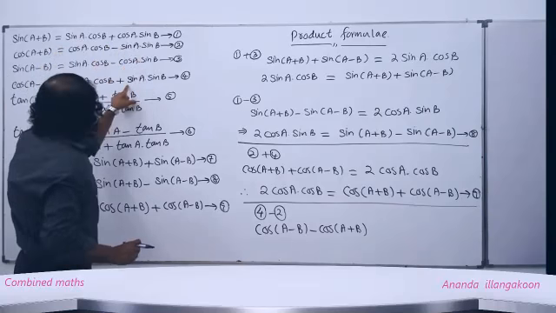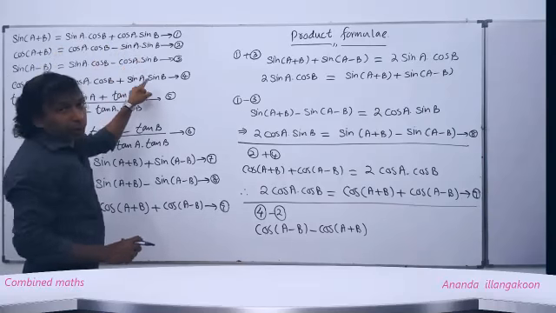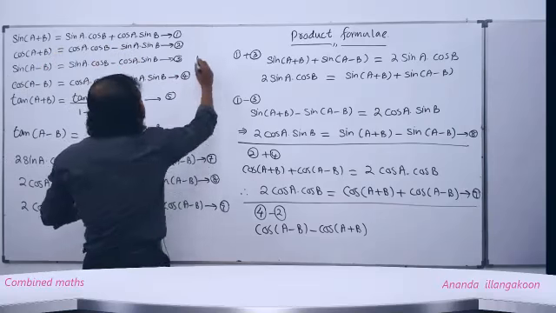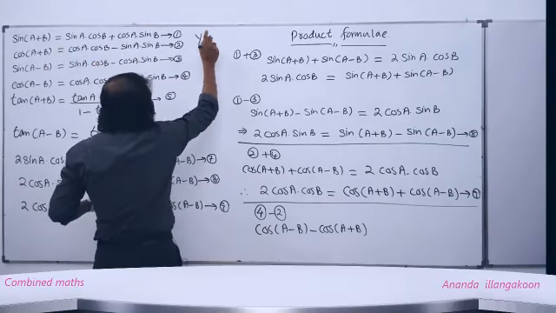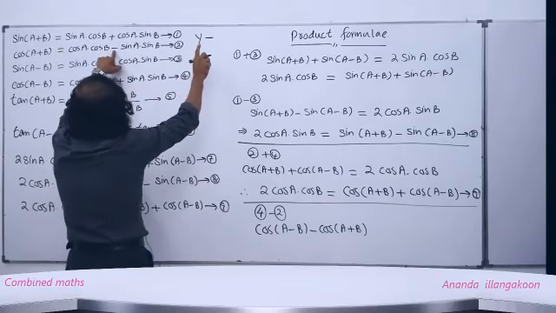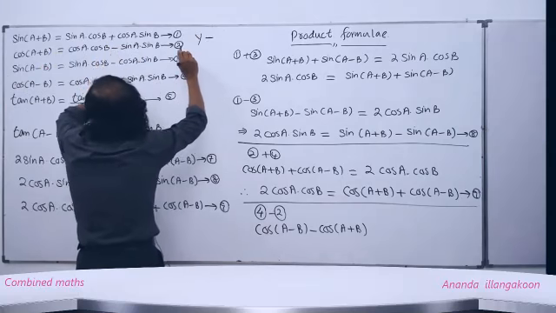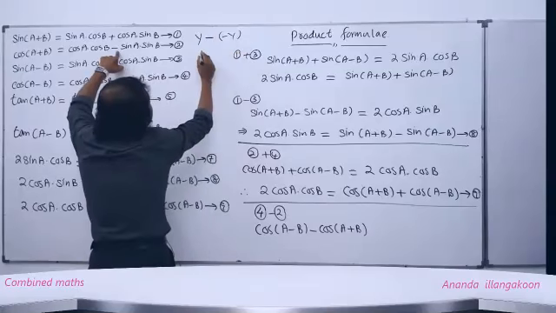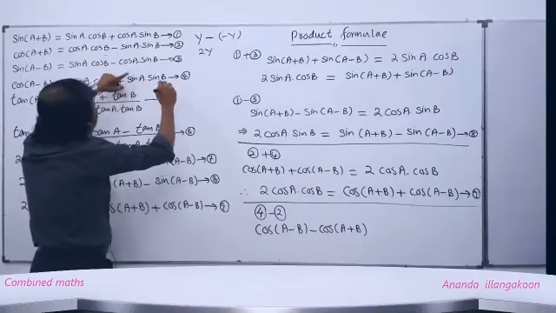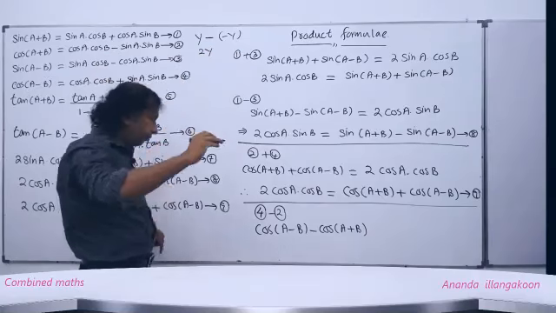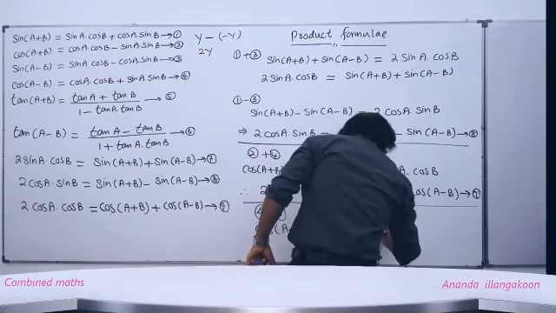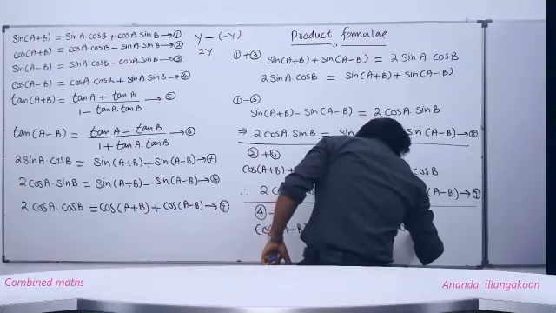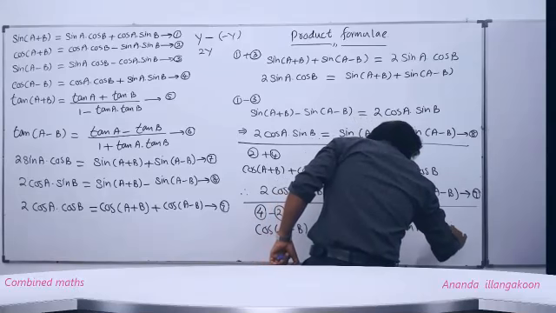Here we have a minus sign, right? What do you get? Minus y. And then what do you get here? 2y. What is 2y? 2 sin A sin B.